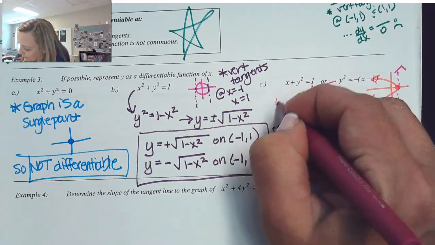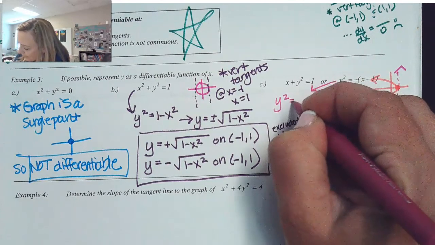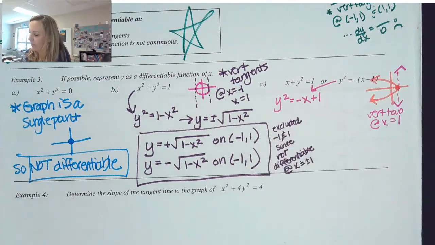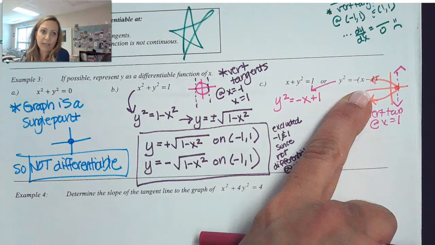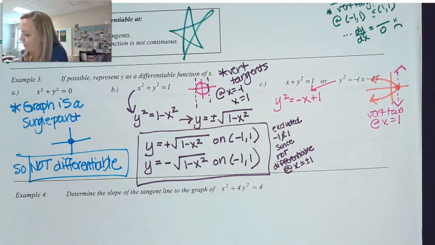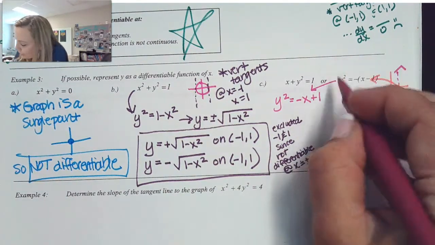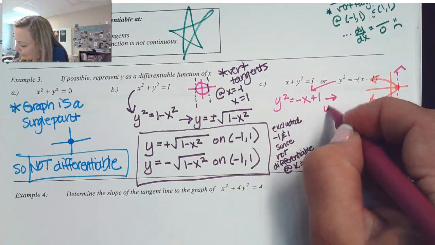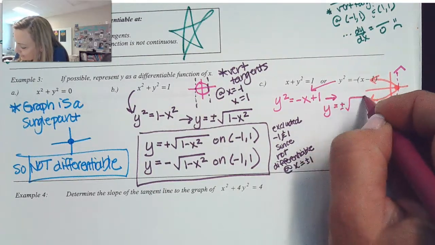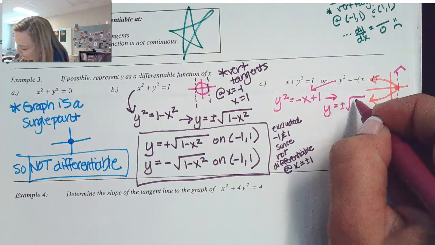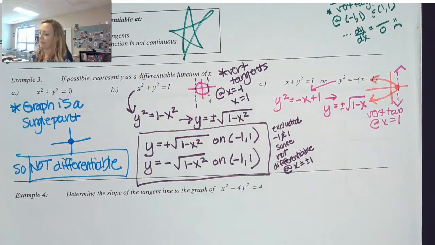I'm going to rewrite this as y squared just equals negative x plus 1. It was just like this so we could tell where the vertex was, where our (h, k) was. So essentially that means that y is going to be plus or minus the square root of, I'll write 1 minus x so that the x is negative in front, okay?